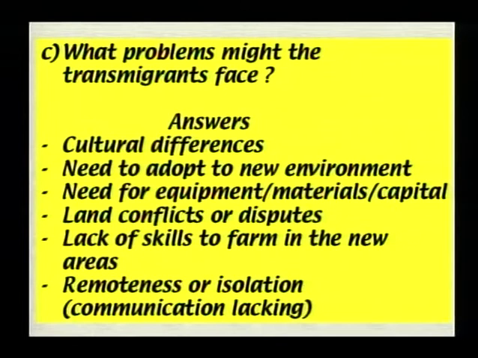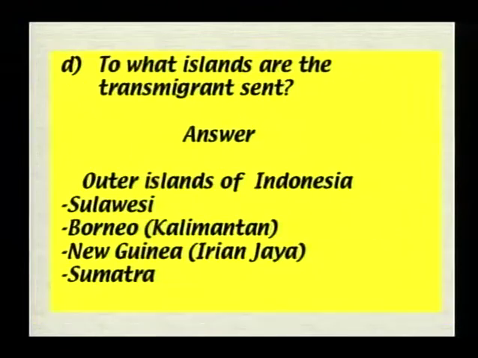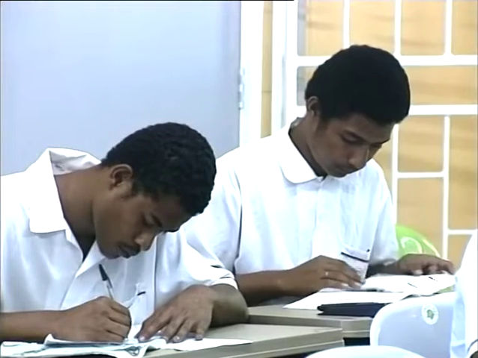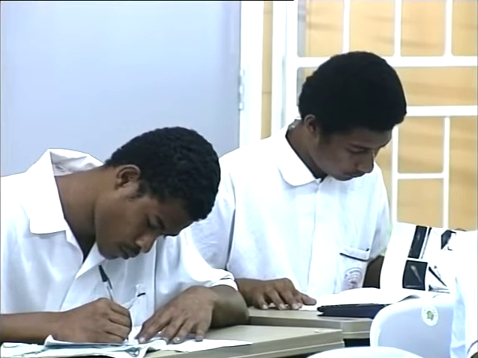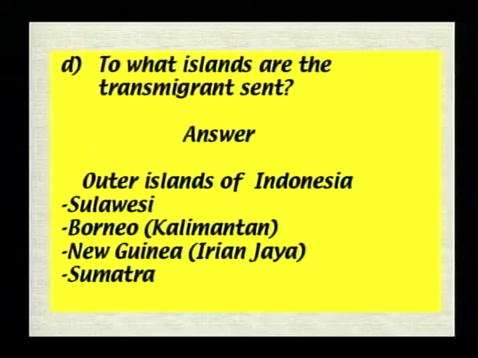Those are some of the problems that the transmigrants might face when they are moved to the outer islands of Indonesia. Some of the islands that the transmigrants are sent to: Sulawesi, Borneo, especially Kalimantan, New Guinea, Irian Jaya, and Sumatra. These are some of the islands that the transmigrants are actually sent to.